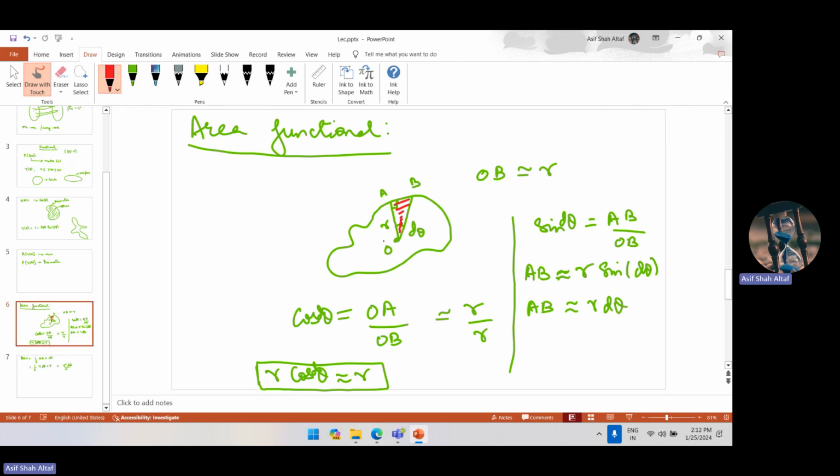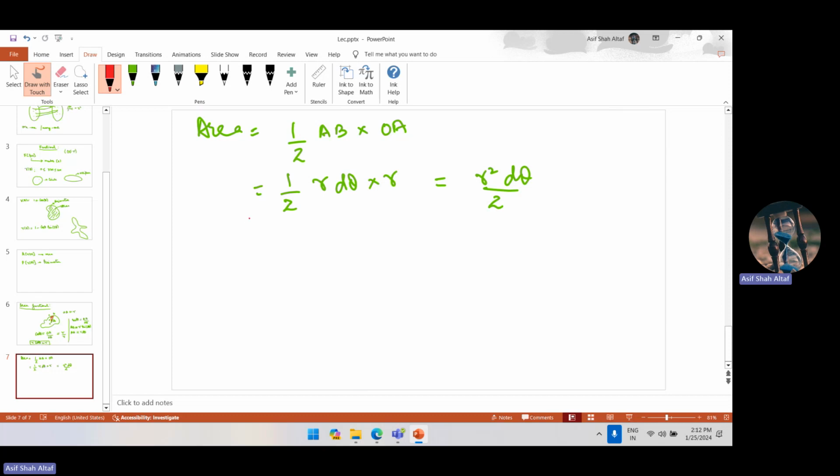But what I am interested in is to calculate the area of all of this shape that's bounded by this boundary. So for that, what I will have to do is integrate it over 0 to 2 pi. So if I integrate this area from 0 to 2 pi, then I will get the complete area. So that's what we are going to do.